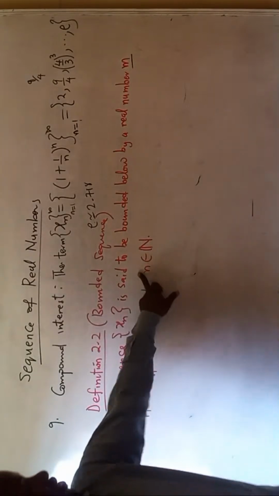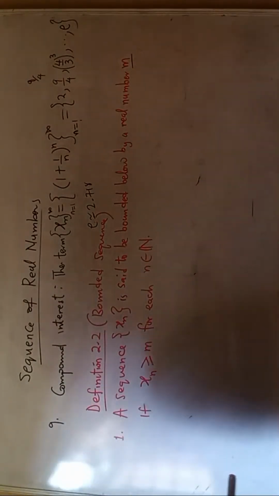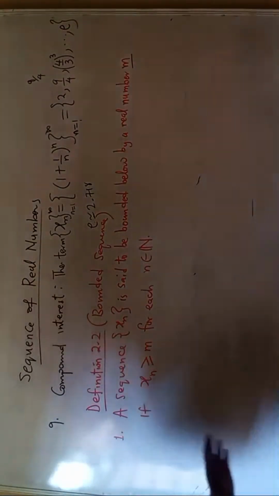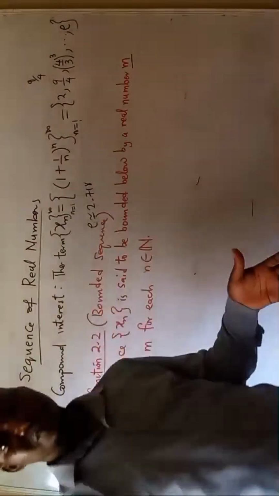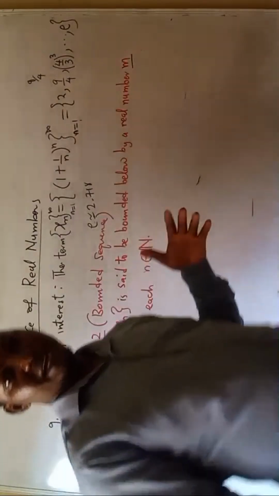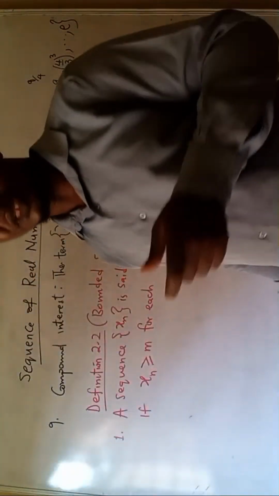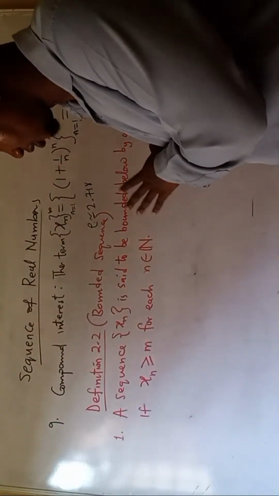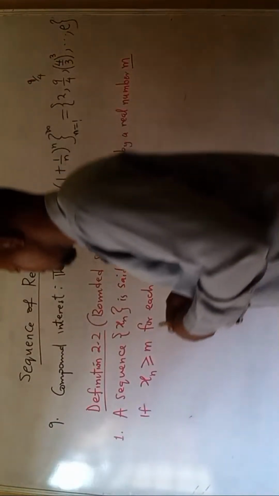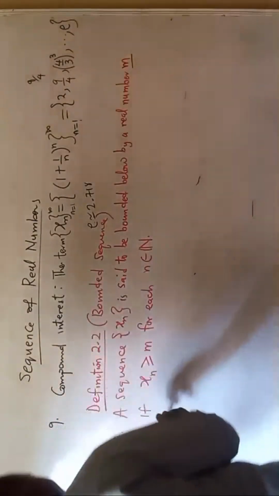So now let us see some examples of a sequence that is bounded below. We can pick from the example we just finished. So let's see the example.